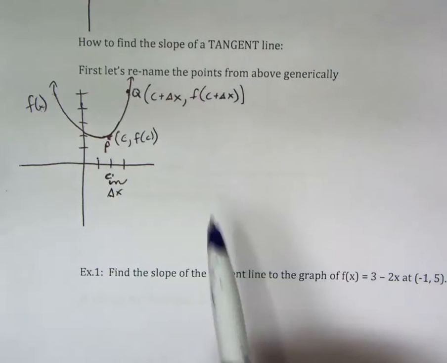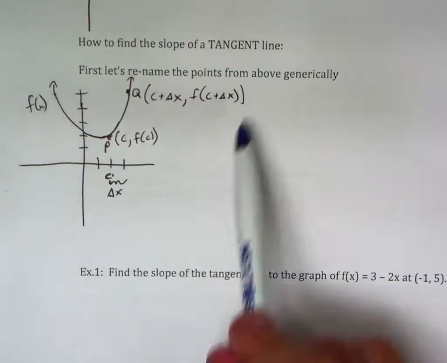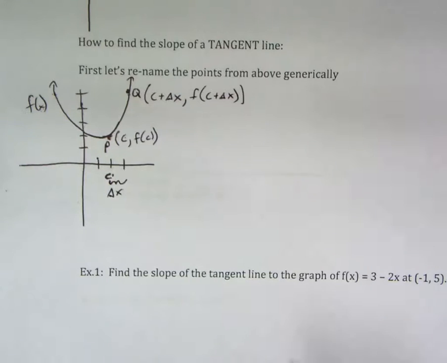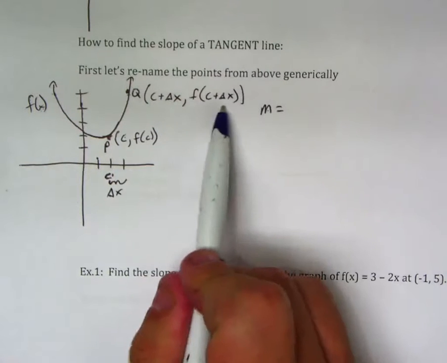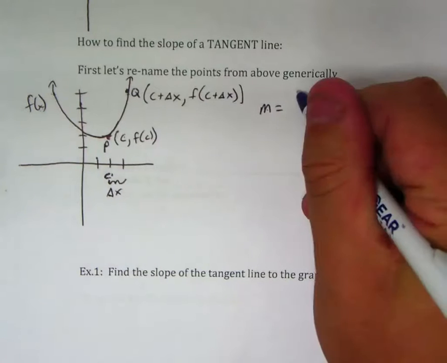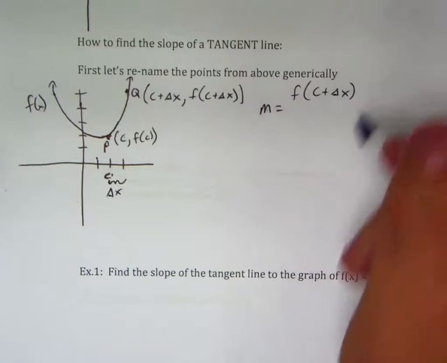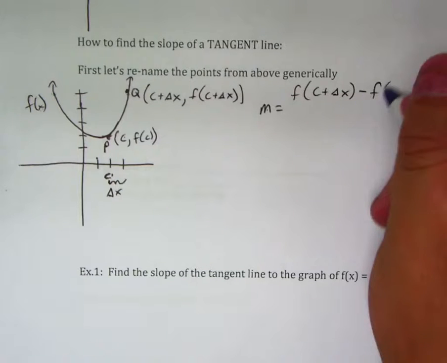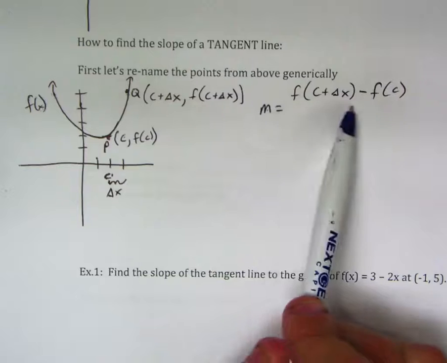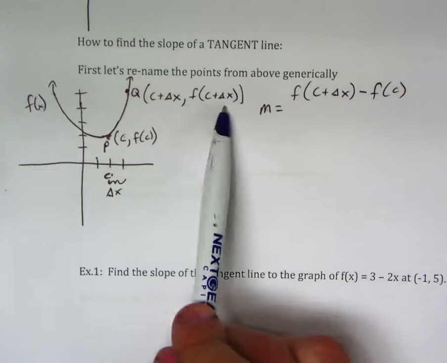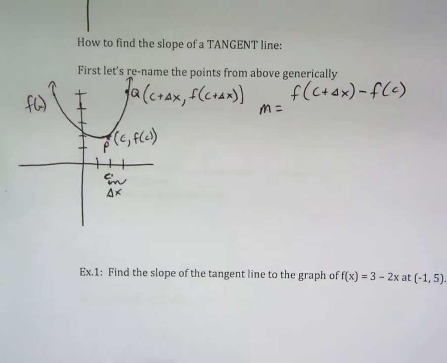So let's say I wanted to find the slope between P and Q, this secant line right here, using this notation. So the slope would be y minus y, so f of c plus delta x minus f of c. And understand what this is. This is just taking one y value right here minus the other y value, which is right here. You're subtracting the y values.